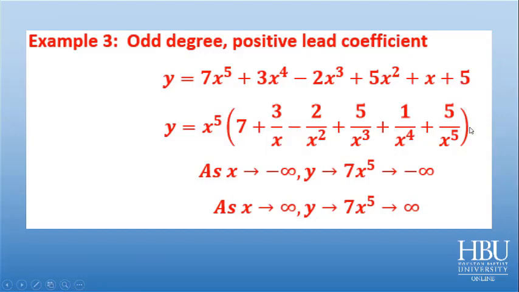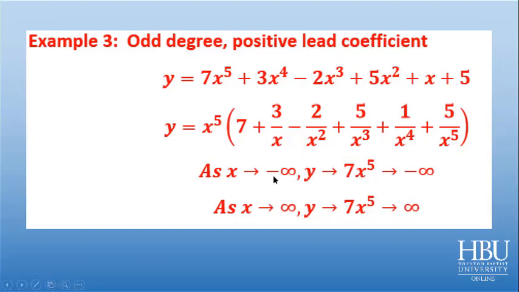It's algebraically equivalent. Now, as x approaches minus infinity, y is going to be approaching just 7x to the 5th. All of these other terms would be approaching 0 as x approaches minus infinity.